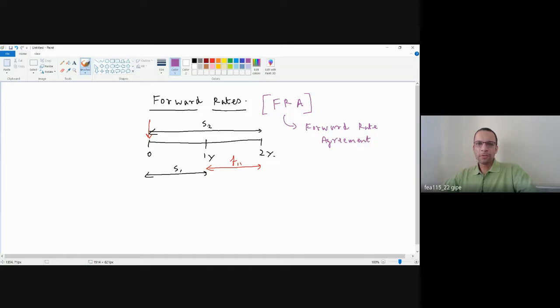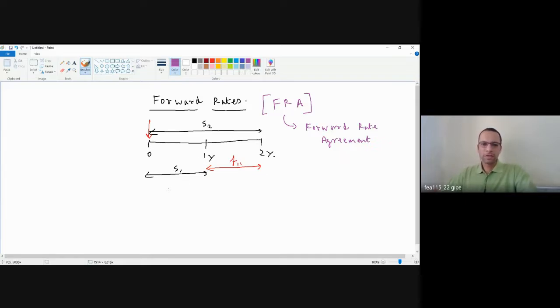Swaps is definitely one, but swaps is maybe a step ahead. FRA is before that because FRA is just one single shot cash flow, whereas swap is more of a series of cash flows. So it makes things slightly, I won't say complex, but maybe something more than a FRA. But yes, a swap is definitely an application. So I can represent this in the form of a simple equation.